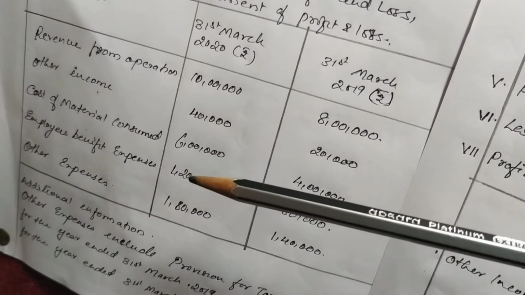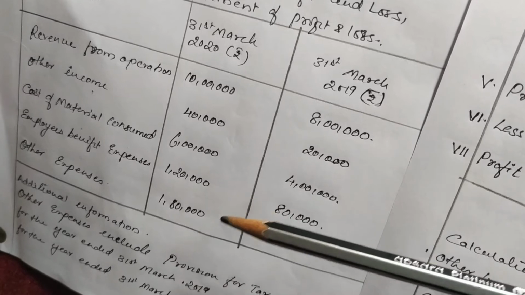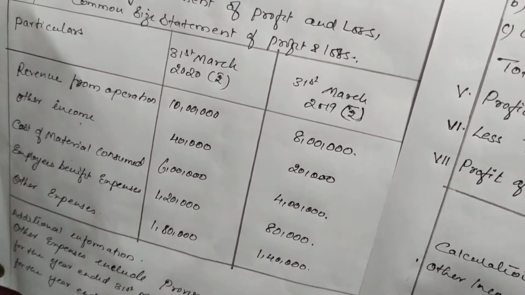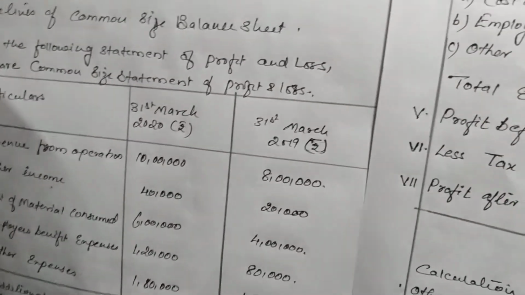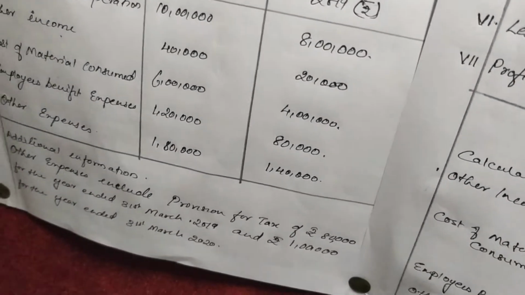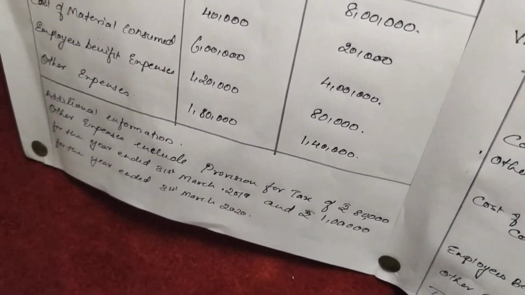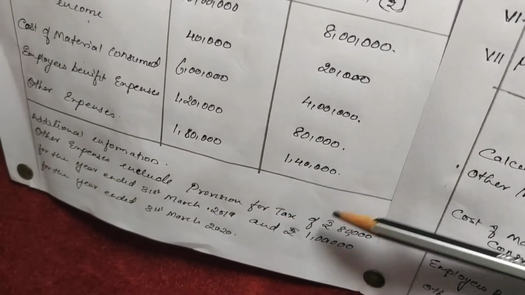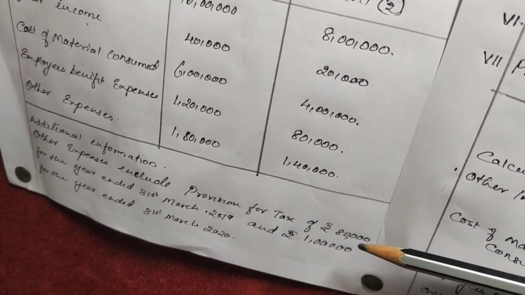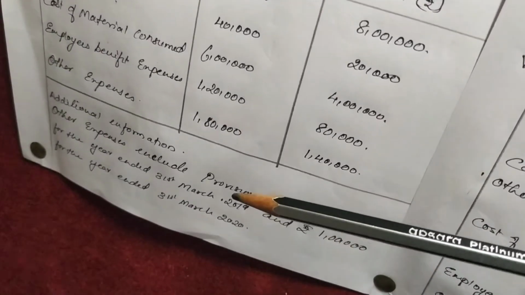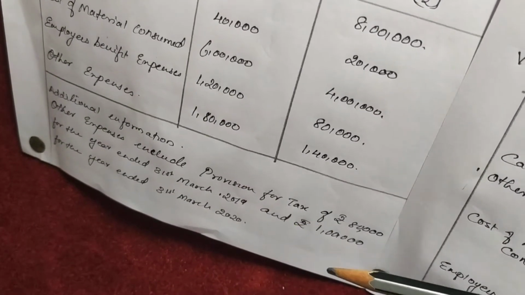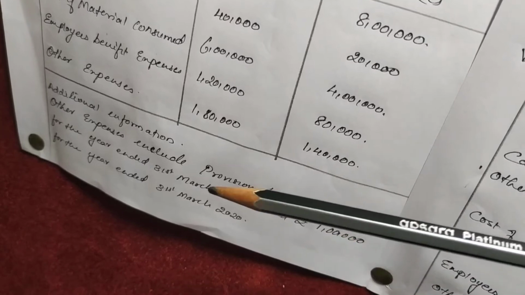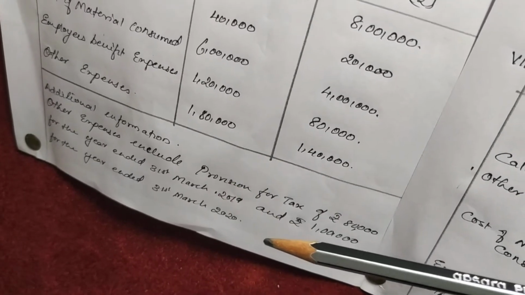Cost of material consumed, employees benefit expenses and other expenses, both for current year and previous year. Now additional information is also given. Additional information is that other expenses include provision for tax rupees 80,000 for the year ended 31st March 2019 and 1 lakh for the year ended 31st March 2020.